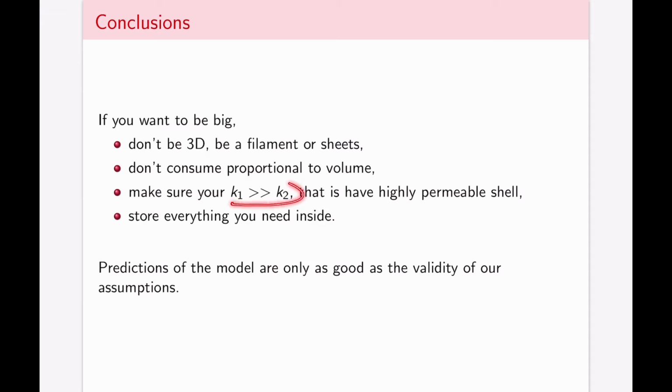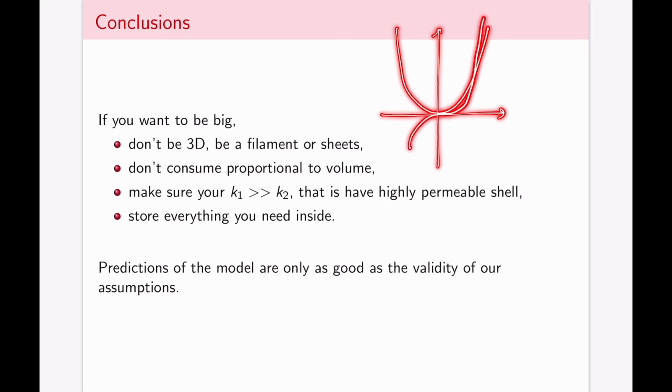The other thing is we can actually play around with the constants a little bit. If you remember the graph that we sketched, we had a quadratic function and then a cubic function. If K1 is much, much bigger than K2, then this point that corresponds to the critical cell size will actually be quite far out in terms of radius size.